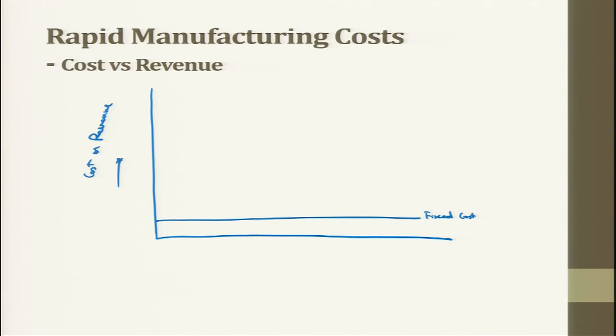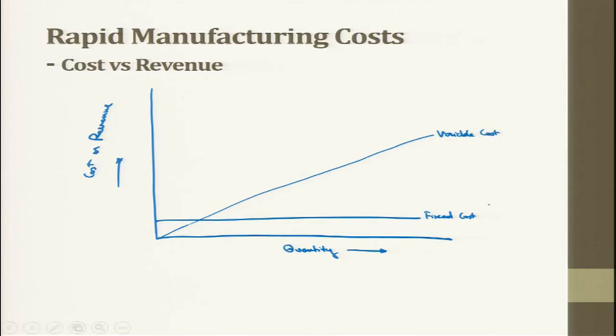So, we have the general fixed cost here, and the variable cost depends upon the number of units. So, this is the quantity here. Variable cost is something like this, that varies with quantity. This is variable cost.